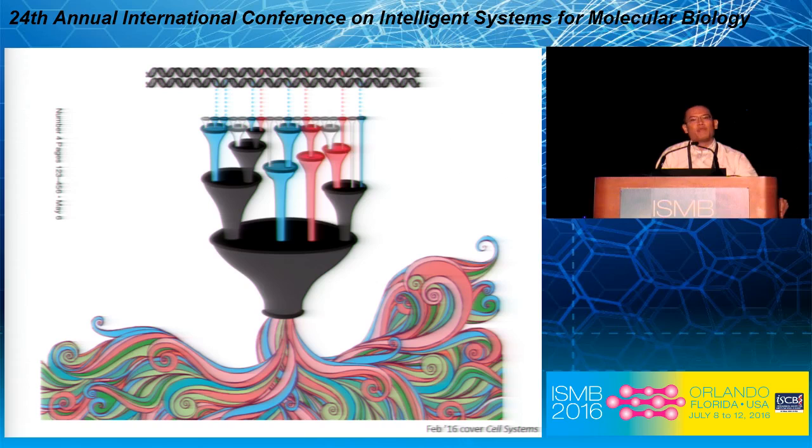If you'd like more information, you can take a look at our publication in Cell Systems. We had a cover on it with a psychedelic image showing mutations in the genome and how they get funneled into this hierarchy of components and processes within the cell, finally producing this swirly image of phenotypes.